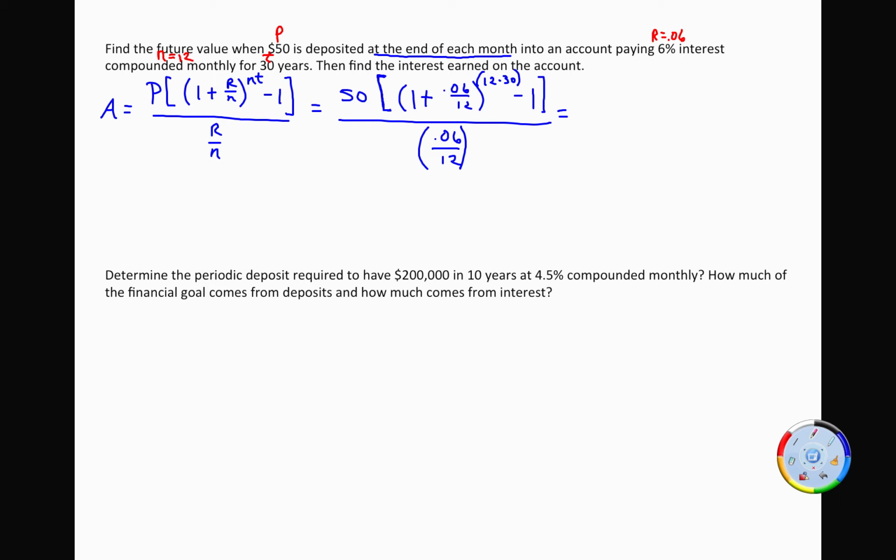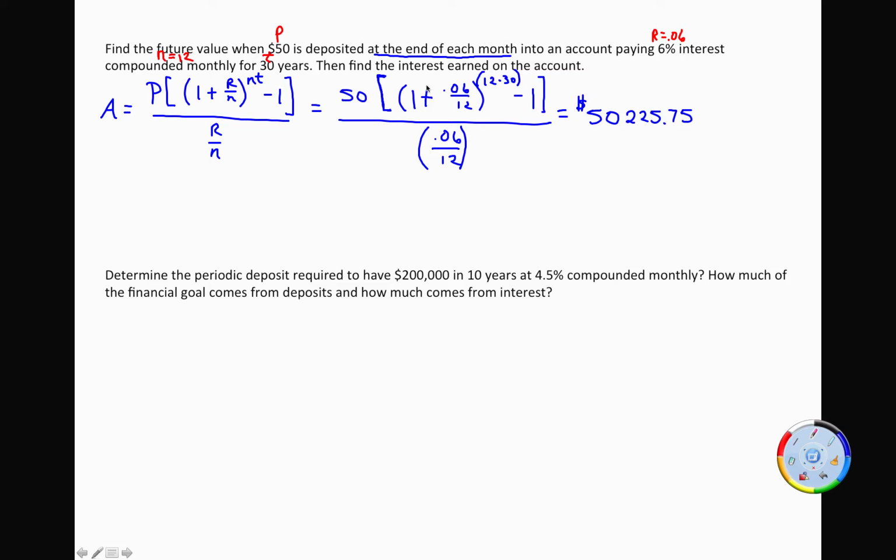Close your parenthesis, hit enter, and we find that we're going to have $50,225, and rounding to the nearest cent, my calculator tells me .75212, so that rounds to 75 cents.